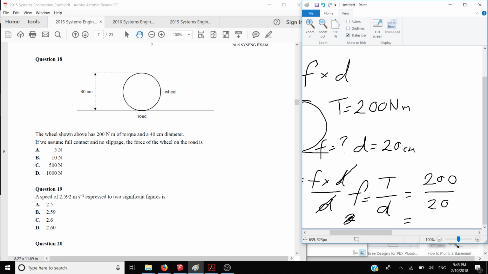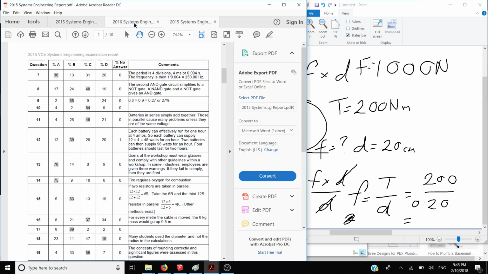So that would actually be 200 divided by 0.2. Plug that into our calculator. Equals 1,000. So the answer is 1,000 newtons force. And I just want to double check that.